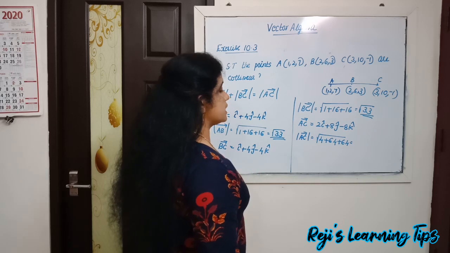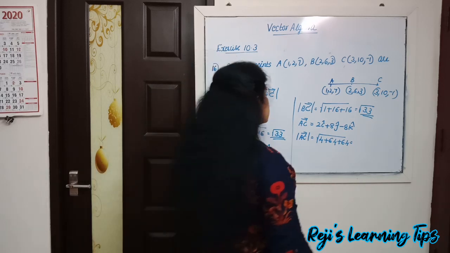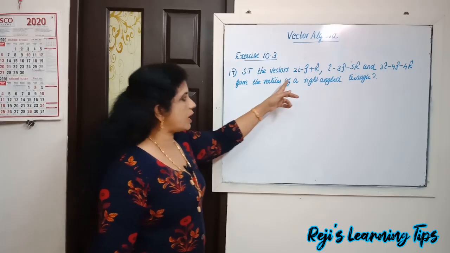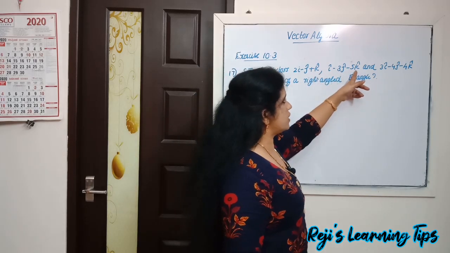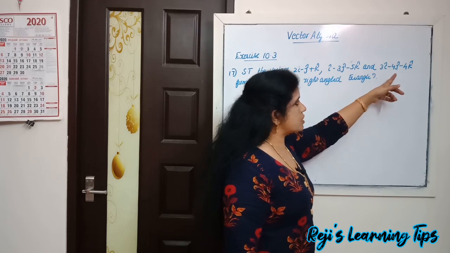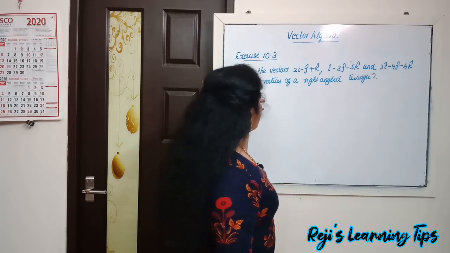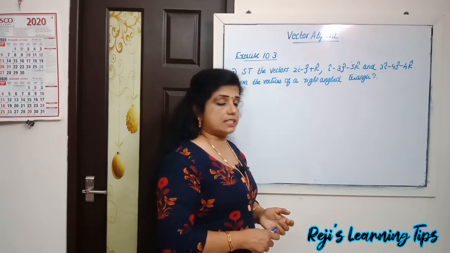Show that the vectors 2i cap minus j plus k cap, i minus 3j minus 5k and 3i minus 4j minus 4k form the vertices of a right angled triangle.